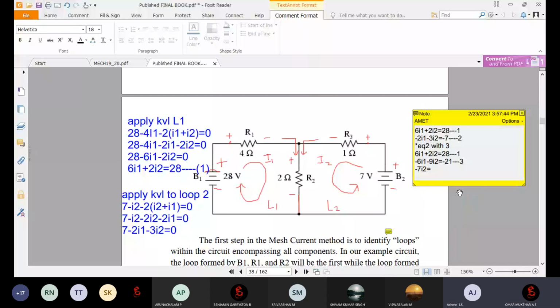Again 7. So what will be your I2? The 7 gets cancelled. So I2 is equal to what is the value?